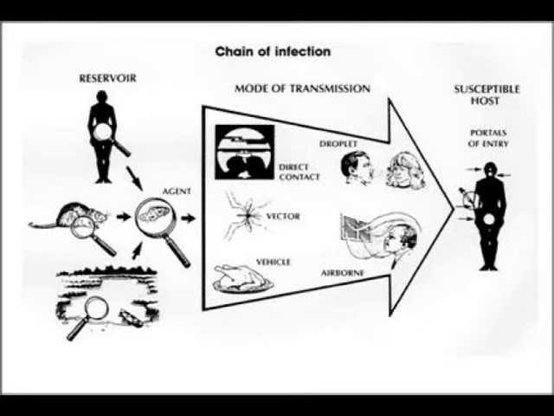Now we will look into what are the different modes of transmission. But before that, as I mentioned in the definition of a source and a reservoir, the source could be either a person, an animal, an insect, an arthropod, an inanimate object, or just a substance which has the capacity to retain the infectious agent and help to transmit it to the susceptible host.